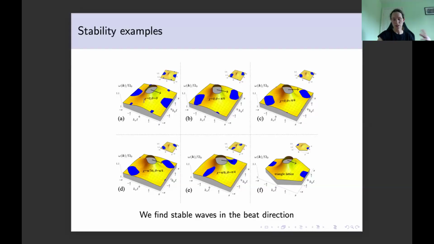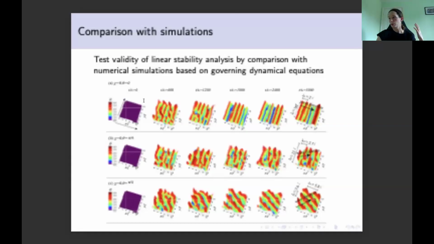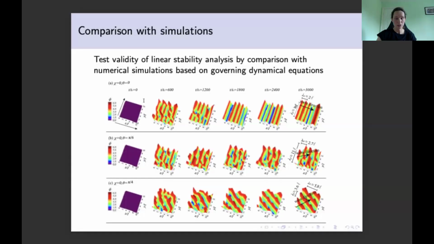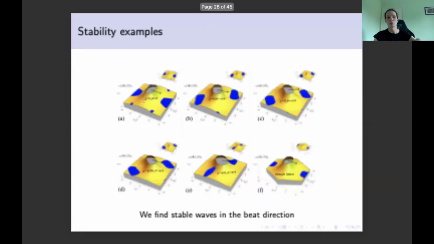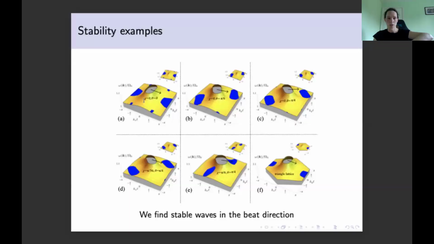If the metachronal wave is unstable, we're not going to see that emerging in the long time limit. We can compare with some simulations that are based on the initial dynamical equation that we wrote down. These were done by Fan Long Meng, my collaborator, and basically what we find in these simulations is that the emergent wave that comes out is in one of these blue regions.